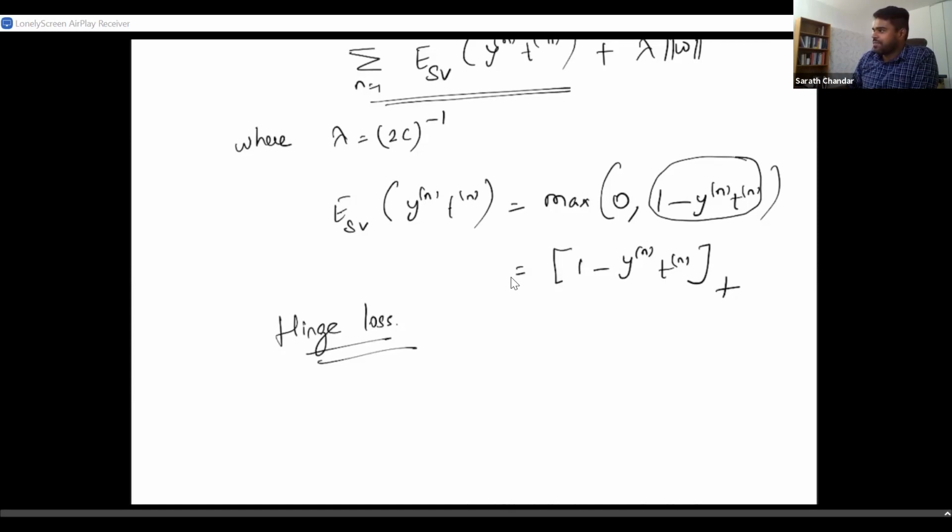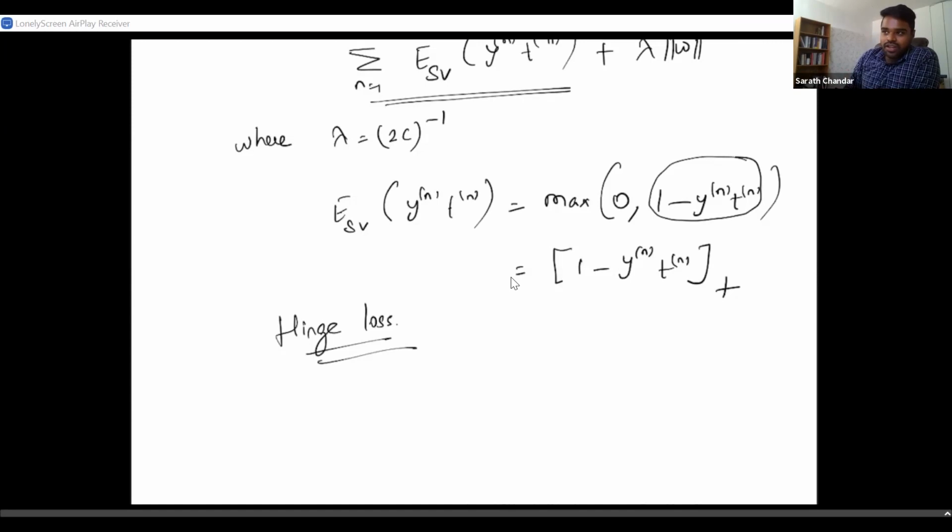What else? Yeah, we have done maximum likelihood estimation, the loss that we use in maximum likelihood estimation. Let's just call that logistic regression error, the cross entropy error. Is there anything else that we have seen so far? No. Okay, so now there is hinge loss.